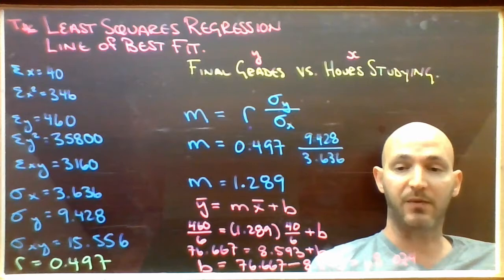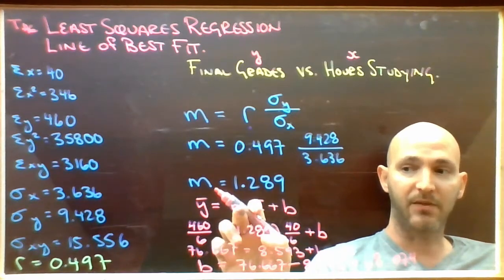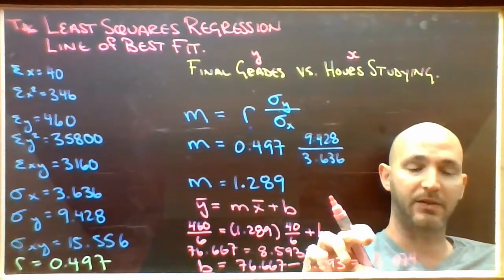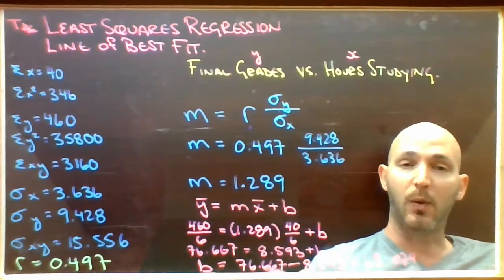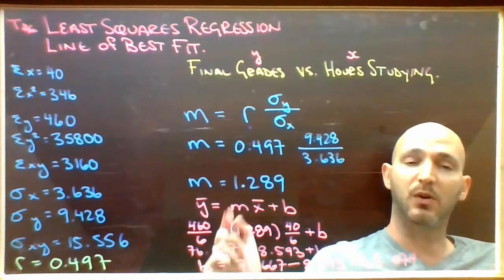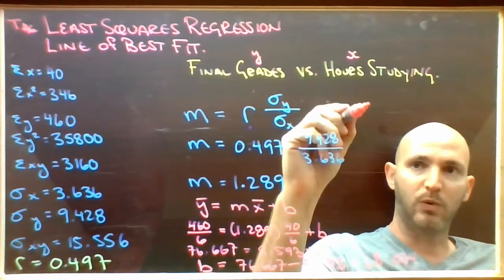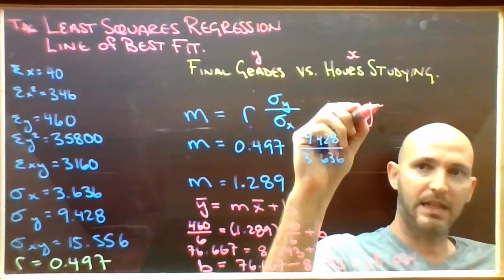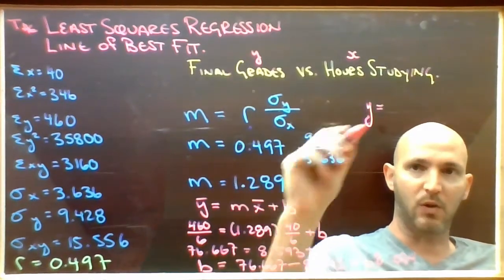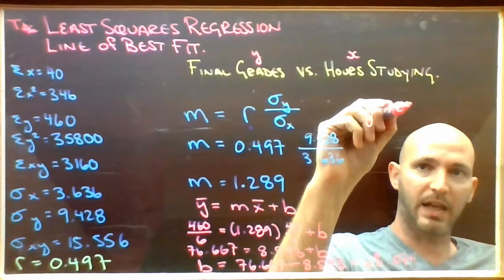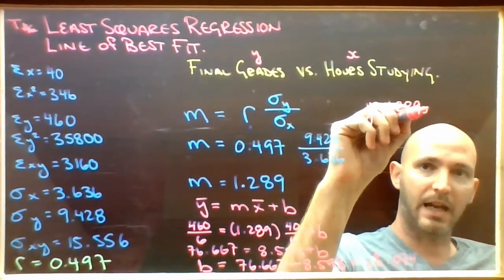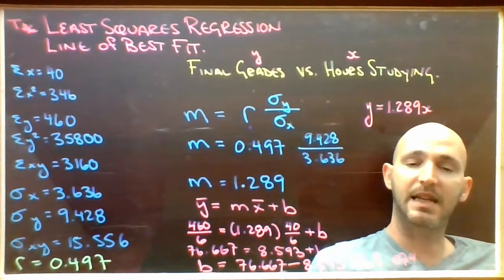So what I've just figured out, because I have a slope and a y-intercept, is that the equation of my least squares regression line of best fit would be y equals 1.289x plus 68.074.